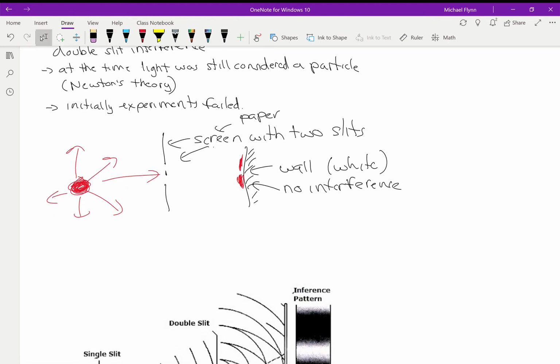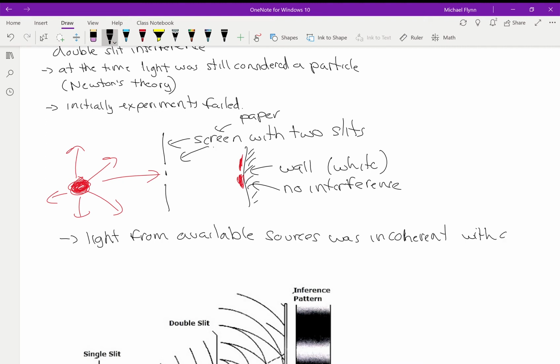But here's the thing. Light from available sources at the time was incoherent, with atoms emitting waves at a random phase.